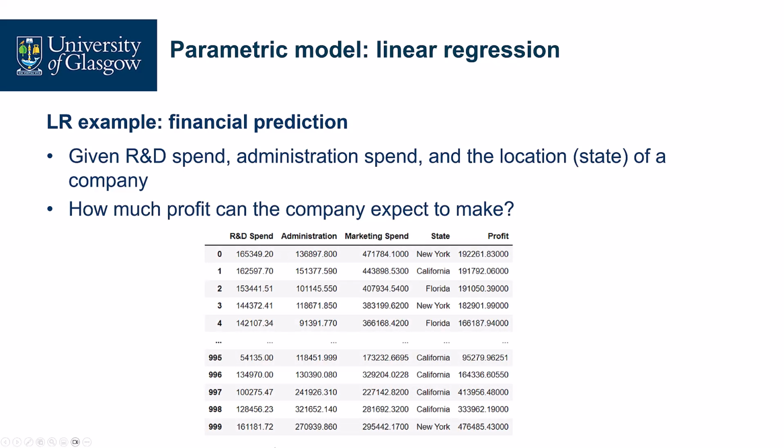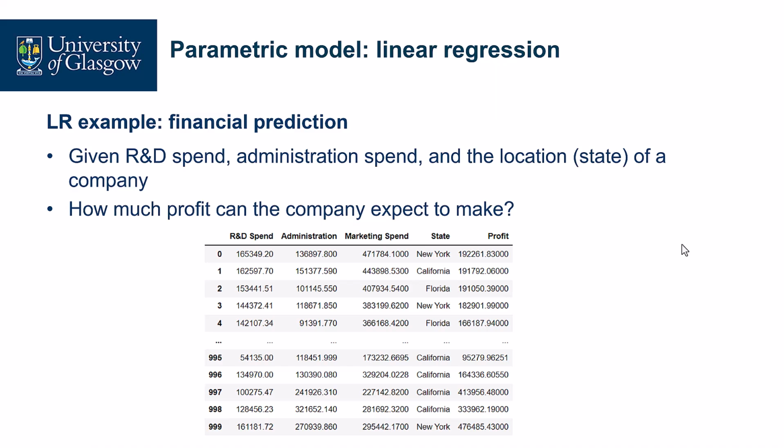To make it simple, we didn't consider the marketing spend. We only consider R&D spend, administration, and state. We want to predict the performance. As I have said, for linear regression, the input must be numerical data. But here, the location is categorical. Now, how to do that?